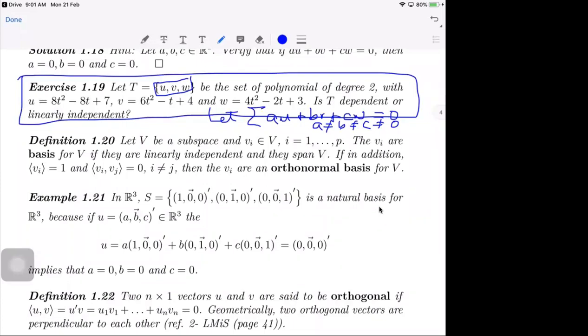So let's proceed with some more definitions. First, we will have orthonormal basis.